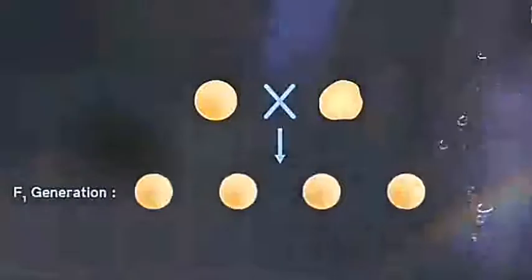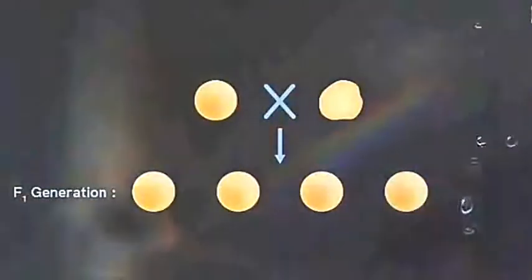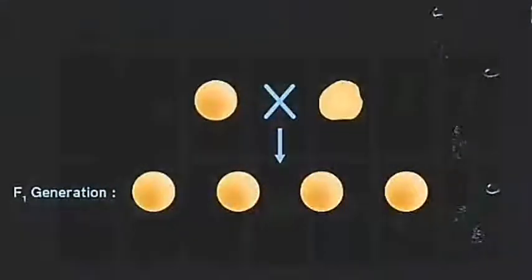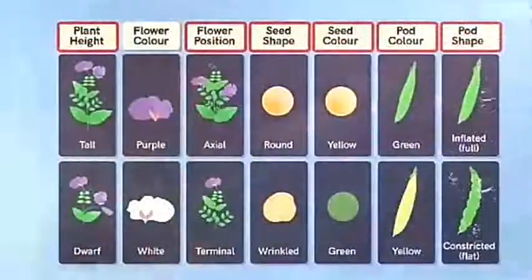For example, when he crossed plants with round seed with wrinkled seed, in the F1 generation he produced plants which all have round seed, resembling only one of the parents and having no resemblance to the plants with wrinkled seed.